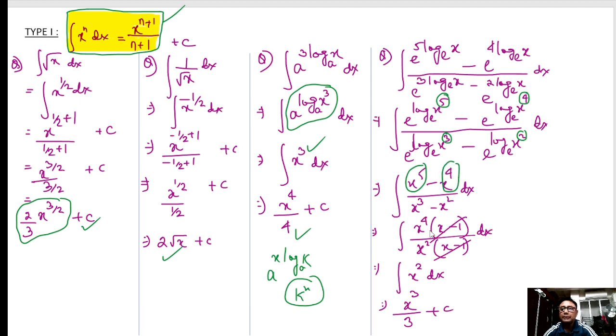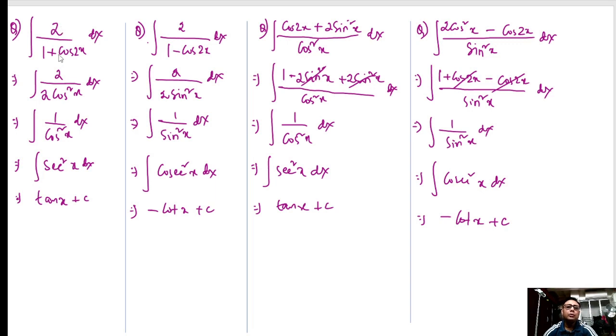So taking x to the power 4 common and x to the power 2 common from the bottom, this cuts. x4 by x2 is x square, so integration of x square will be x cube by 3, because integration of x to the power n is x to the power n plus 1 by n plus 1. So integration of x to the power 2 will be x to the power 3 by 3.